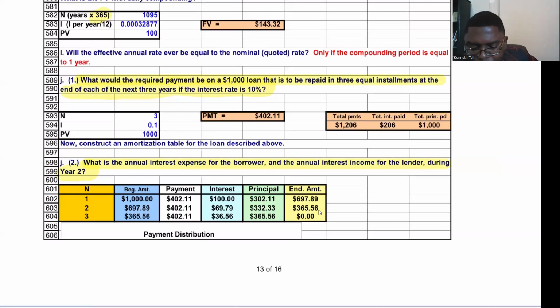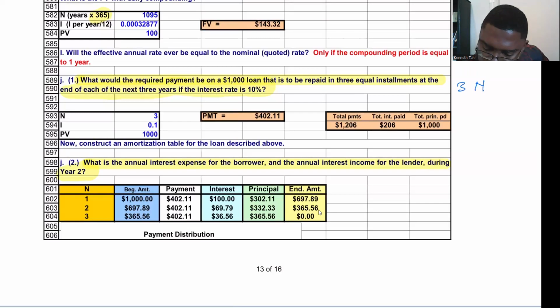So this comes from the concept of ordinary annuity. So if we use the ordinary annuity formula and we make payment the subject, we can calculate the amount that is needed. Otherwise, we can just use our financial calculator or our Excel spreadsheet.